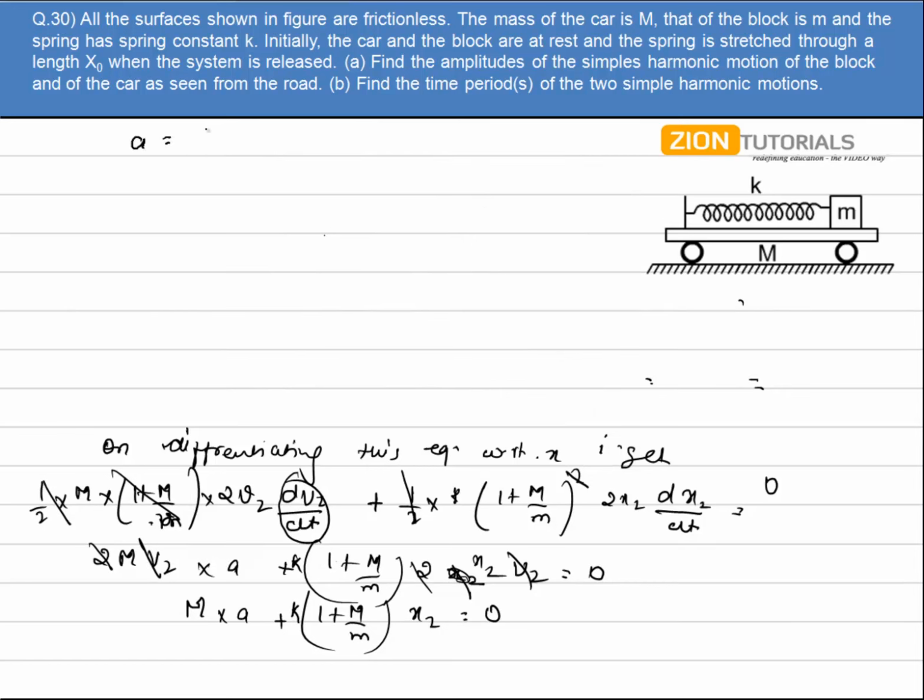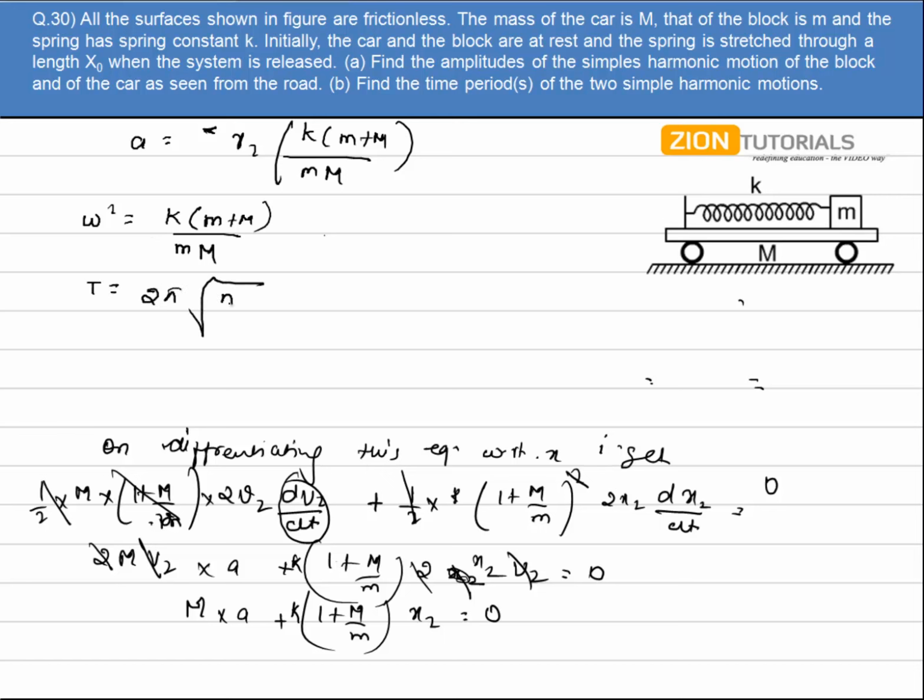So it gives me acceleration as minus of x2 into k (small m plus capital M) by small m into capital M. Again, acceleration is directly proportional to displacement, so omega square is equal to k (small m plus capital M) by small m into capital M. So the time period comes out to be 2 pi under root of small m into capital M by k (small m plus capital M). That is the answer.